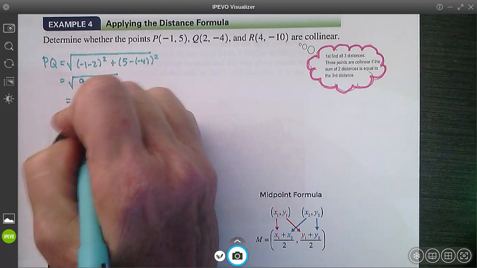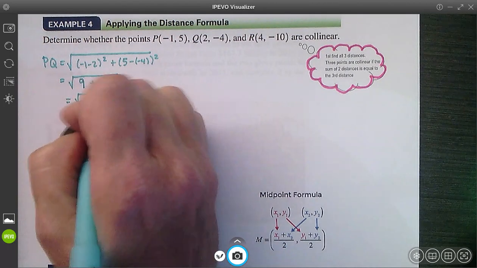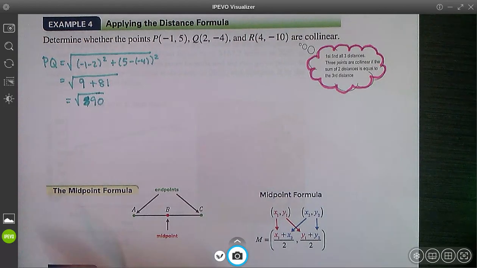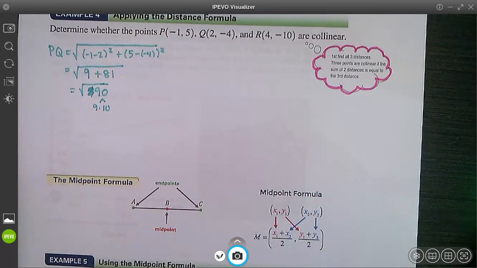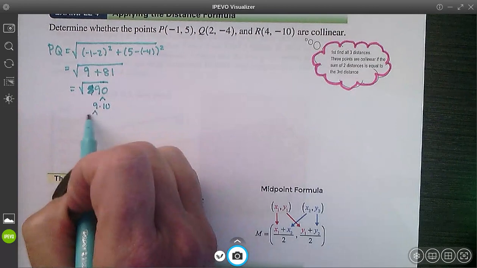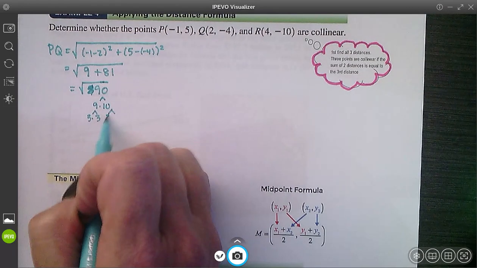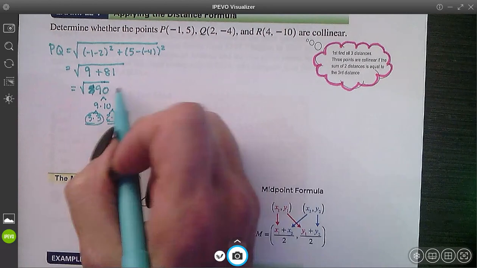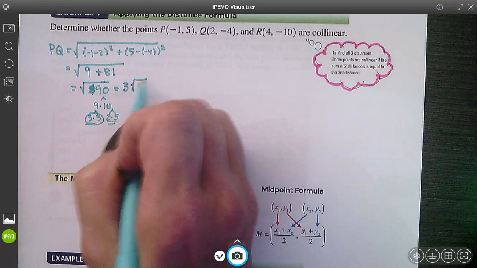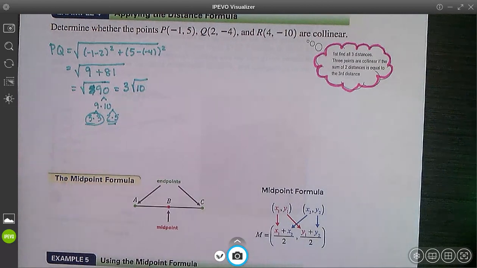Oh, 9 and 81 is 90, y'all. Square root of 90. Square root of 90 simplifies. So I can make that a 3 on the outside, 2 times 5 on the inside. So that is 3 square root of 10.